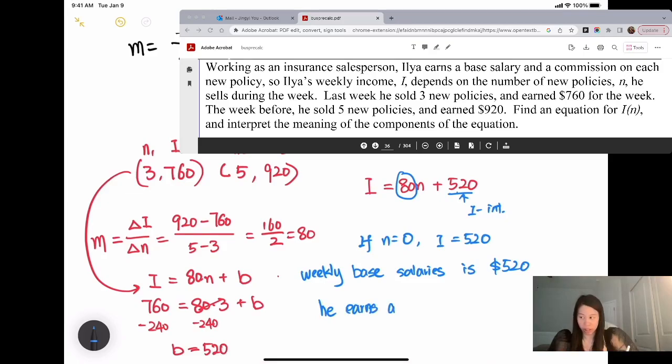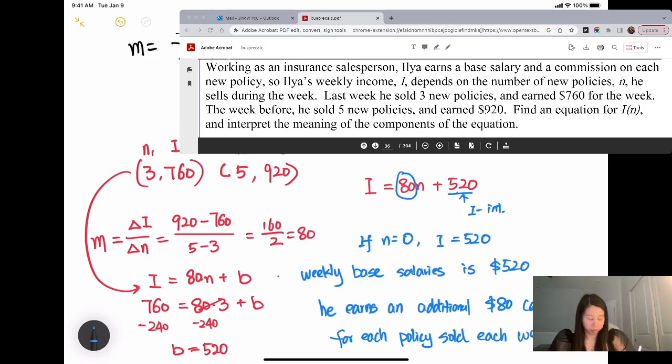He earns an additional $80 commission for each policy sold each week. Okay, that's how you interpret it. Let me know if you have more questions.